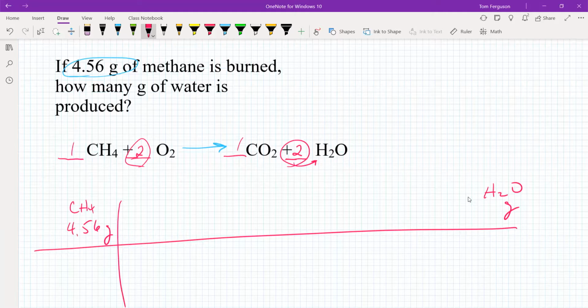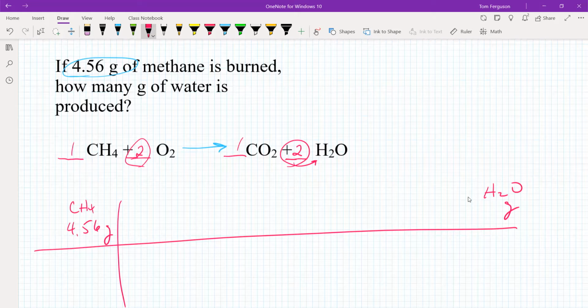Okay. Now, we're not with the same molecule like we were previously. We've changed molecules in the calculation. We need a balanced equation to relate the methane and the water.